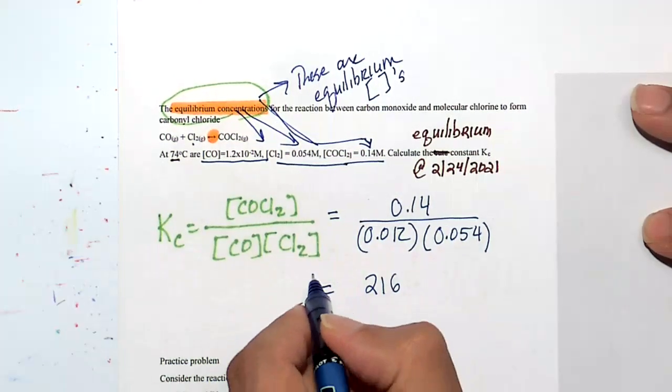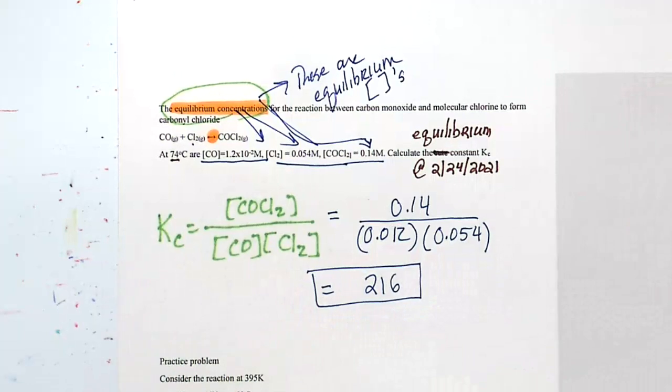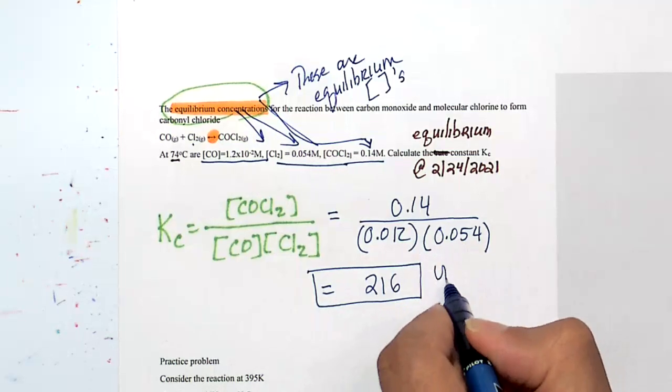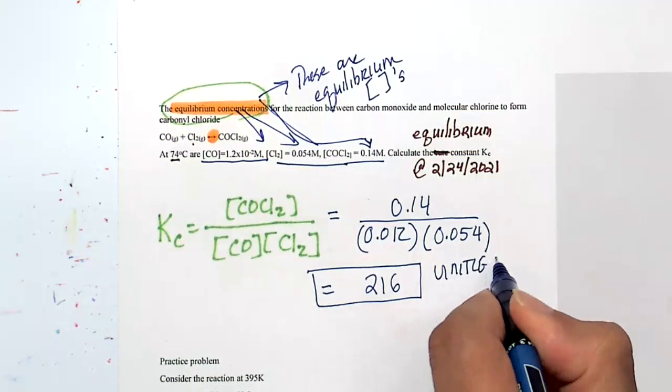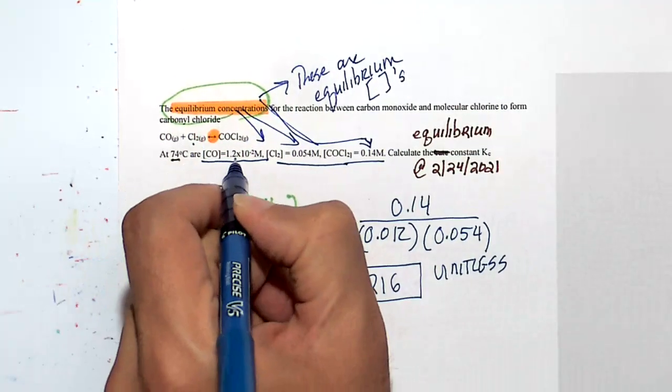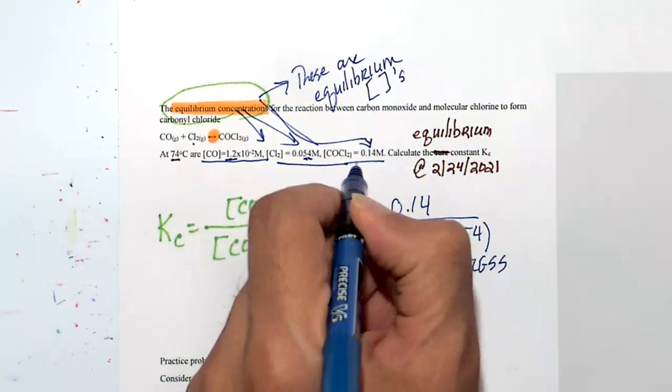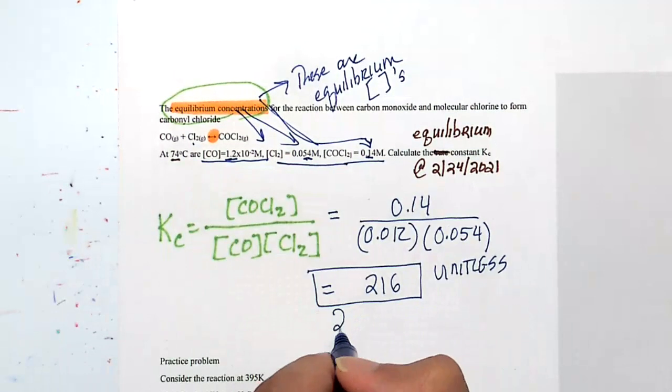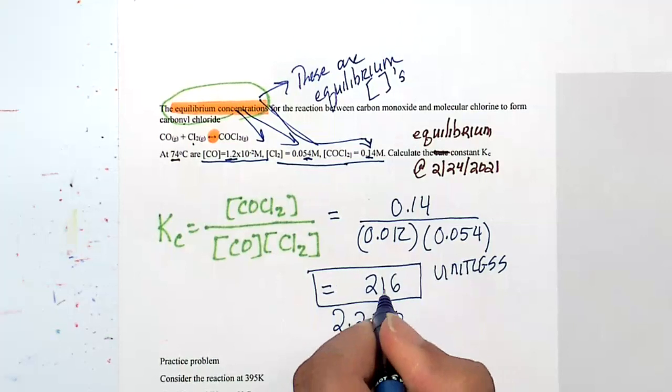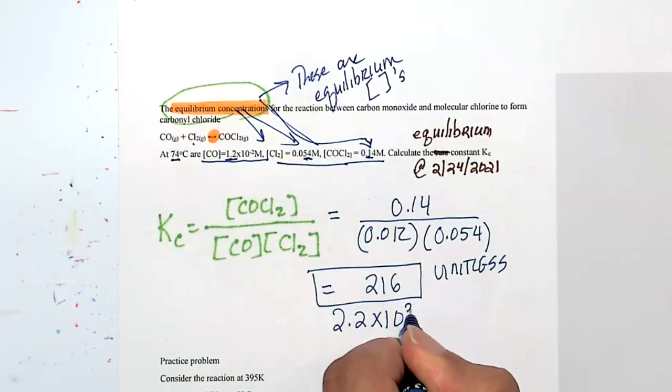So 216. Don't forget this is unitless. If I wanted 2 sig figs, it would be 2.2 times 10 to the 2.